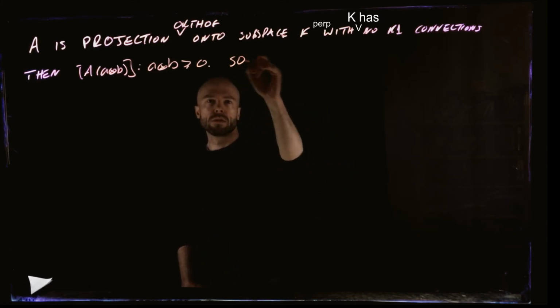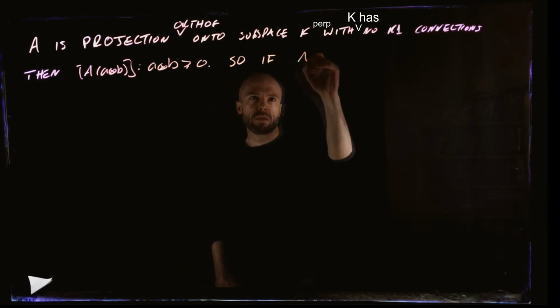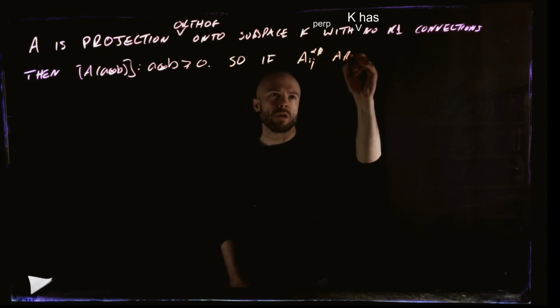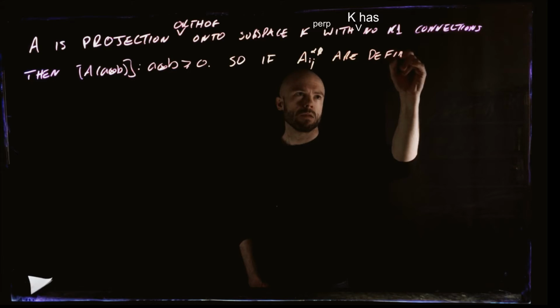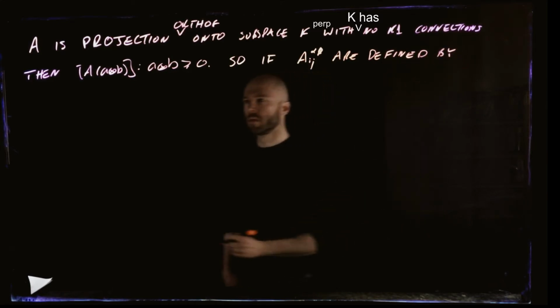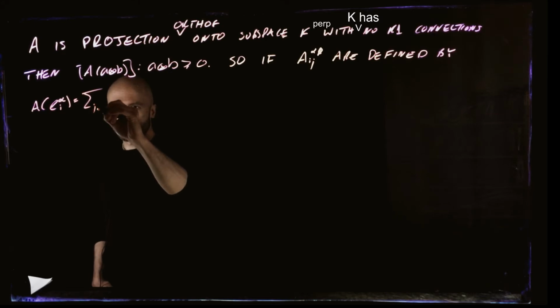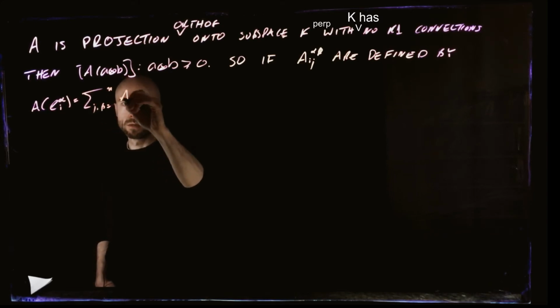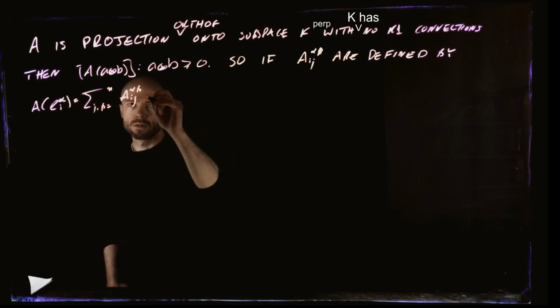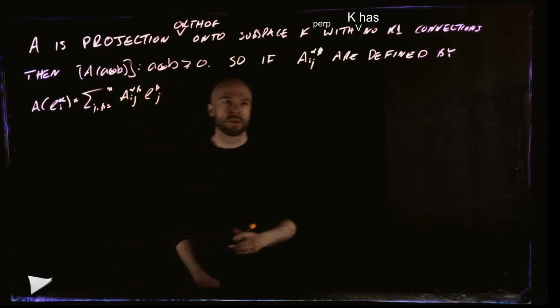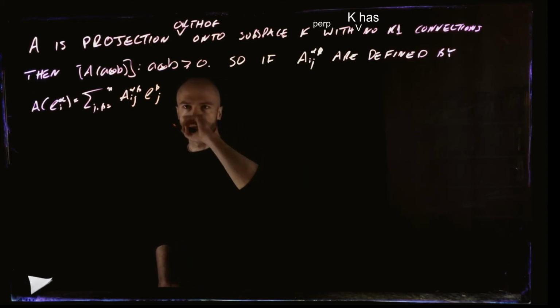So if we have that A_{ij}^{αβ} are defined by A of E, I alpha is the sum of J beta equals 1 to N A_{ij}^{αβ} of E beta J. So these are the coefficients that define this projection, as we've talked about before.